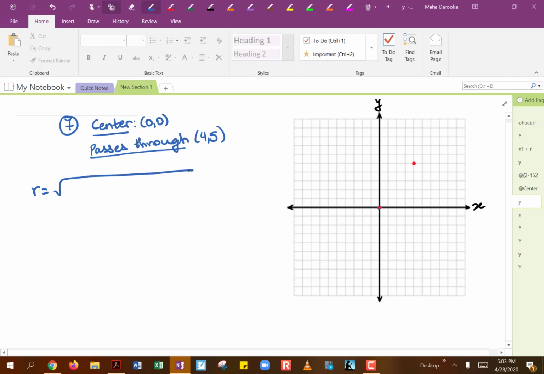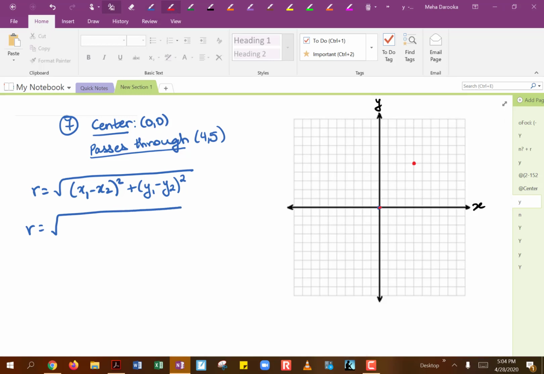So remember, your distance formula is where you take the difference between the two x values and we square that difference, plus we take the difference between the two y values and square that difference. So you're using the distance formula, but like I said, instead of finding distance, we'll call it finding the radius. So you can think of the center being our x1 y1 point, and you can think of the point it passes through as our x2 y2 point.